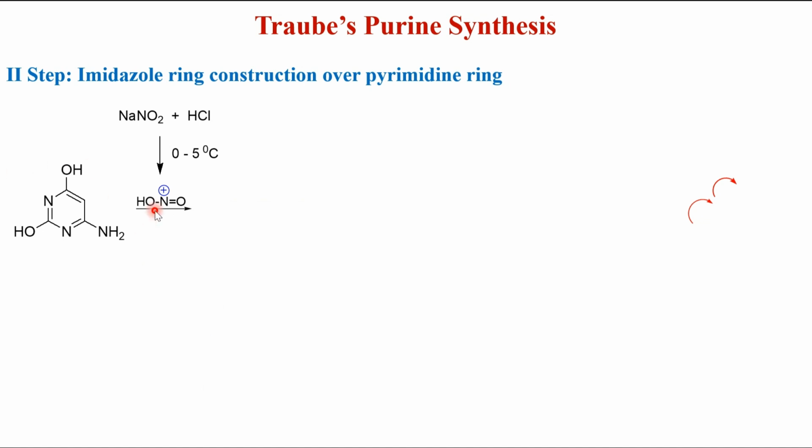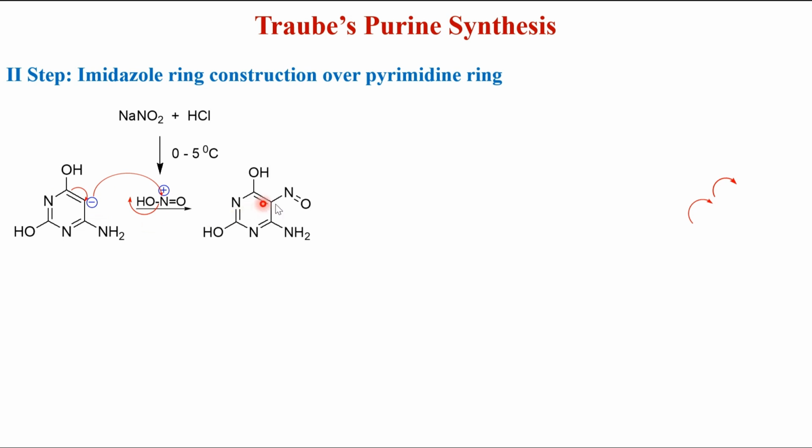In the presence of an electrophile, the electromeric effect occurs and the pi electrons move towards one carbon, creating an electron rich center, and once the electrons are moved, this becomes positive. This electron rich carbon attacks this electron deficient nitrogen and kicks off OH.